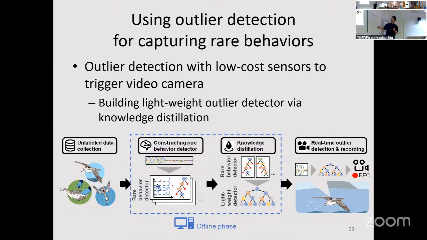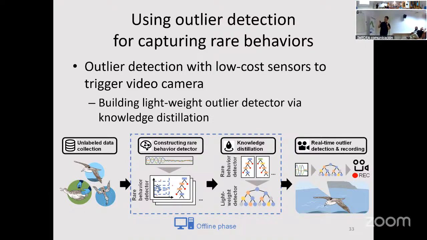But the size of the outlier detector is very large, and it is difficult to implement on our device.